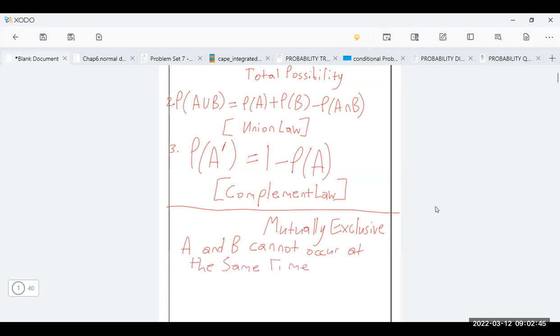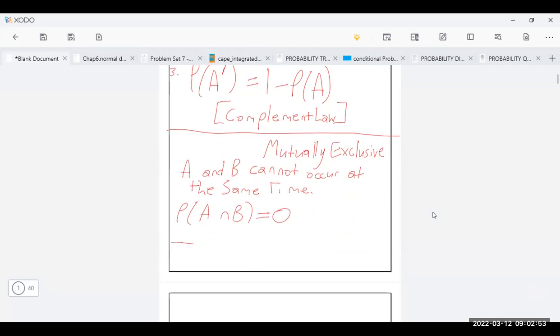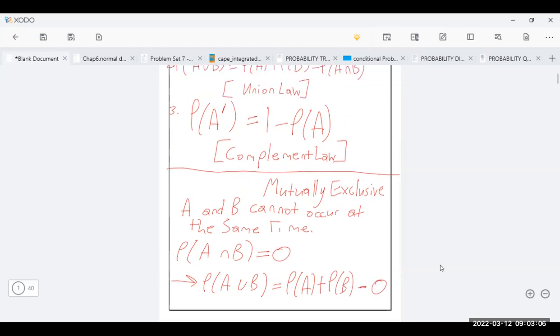In other words, the probability of A intersect B is equal to 0 when they're mutually exclusive. That would give us the probability of A union B as the probability of A plus the probability of B minus 0, so it's just the probability of A plus the probability of B for mutually exclusive events.